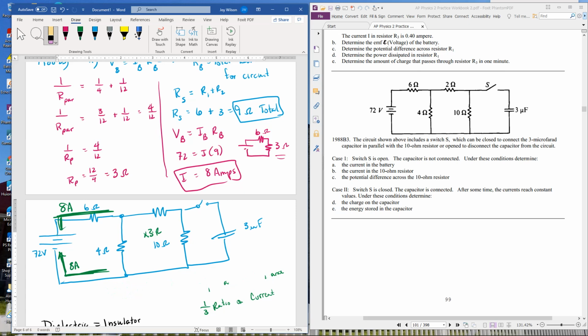We can take that off now. Right, 8 over 8 minus x equals 1:3, because the two currents have to add up to 8 altogether. So we get this. 24 equals 8 minus x. So x must be 16.